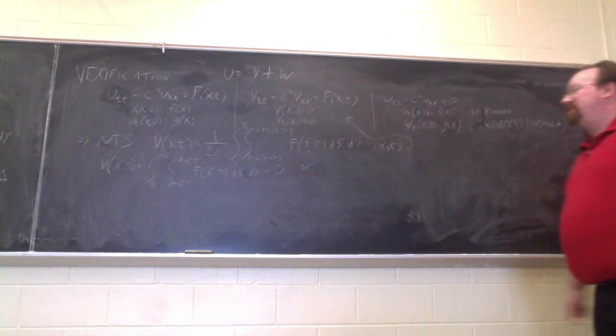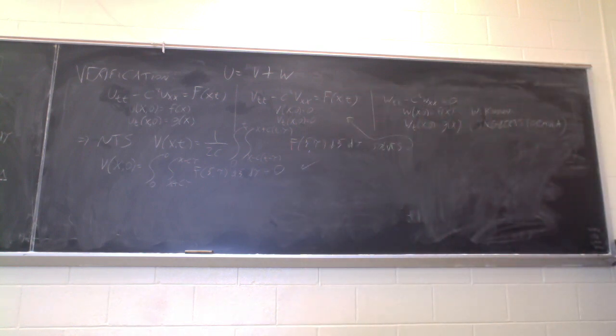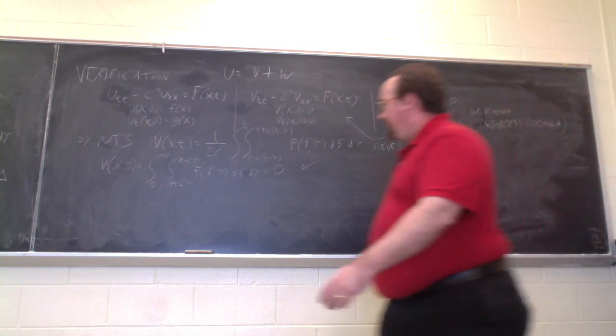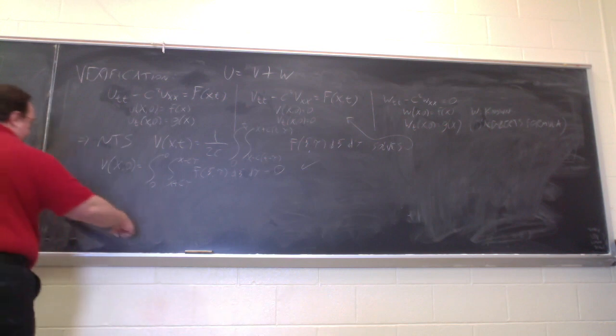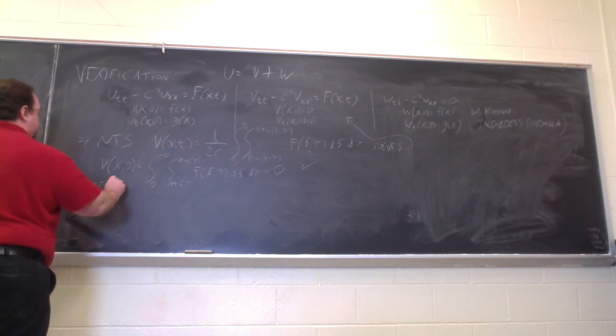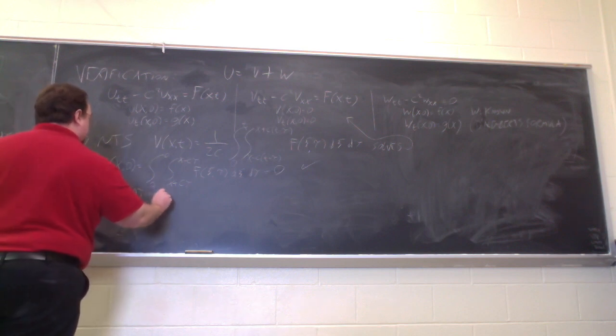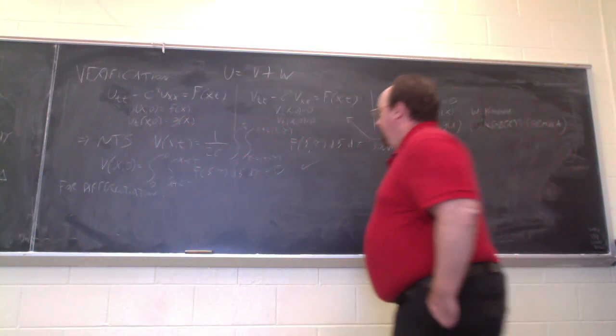So that initial condition is satisfied. And now, for differentiation, which is where things kind of got ugly, we need to differentiate this solution v of x, t with respect to t and also x.